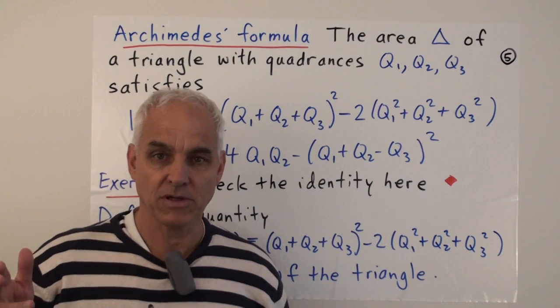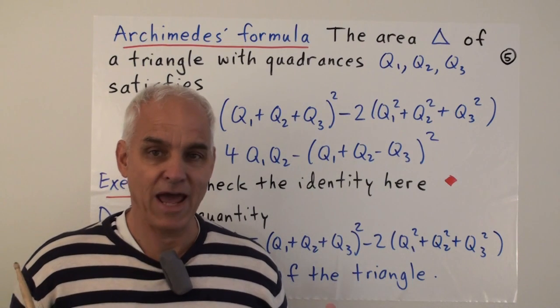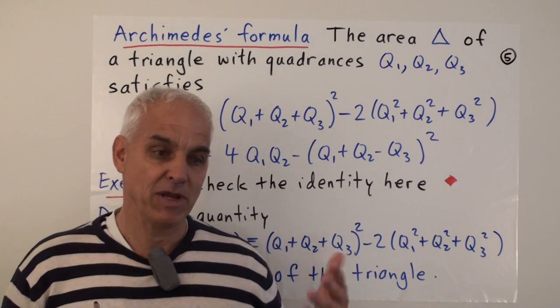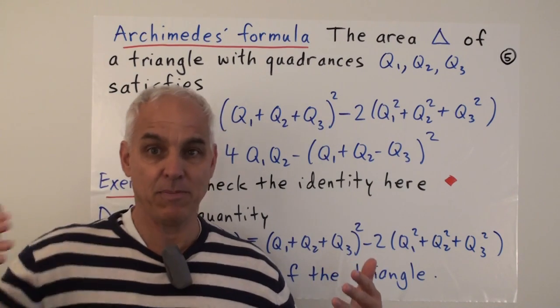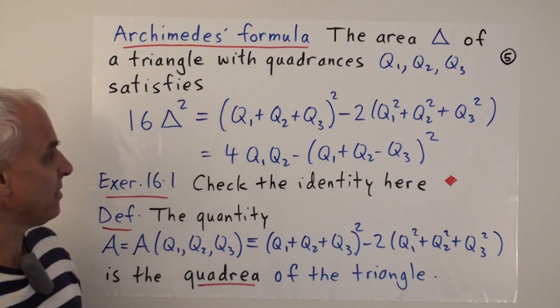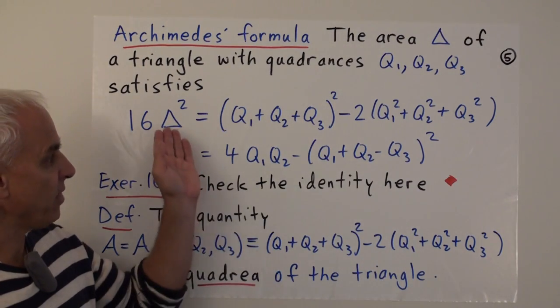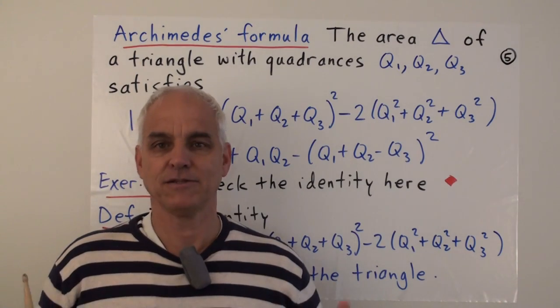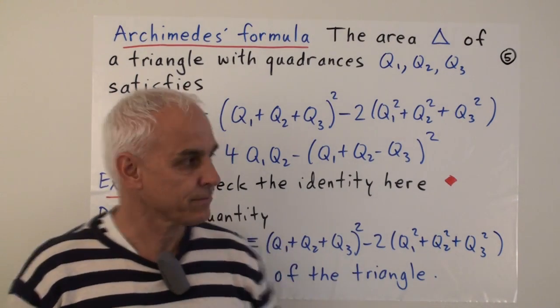We have Arab sources that suggest that, so we don't have all of Archimedes' writings, unfortunately. But we can guess from what other people wrote about Archimedes that he knew certain things. And I'm fairly confident that if we presented this formula to Archimedes, he would look at it for 10 minutes and say, yes, of course, that's correct.